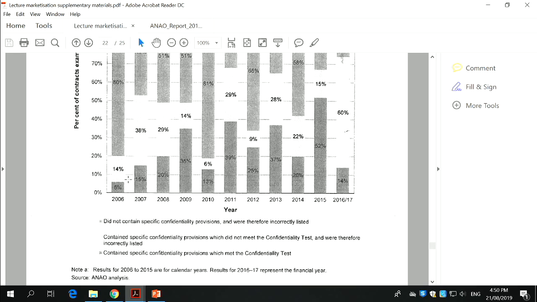Over time, the percentage, in the last row here, the bottom row, is very, very low. So 2015 is higher. 2016, 17 is only 14%.